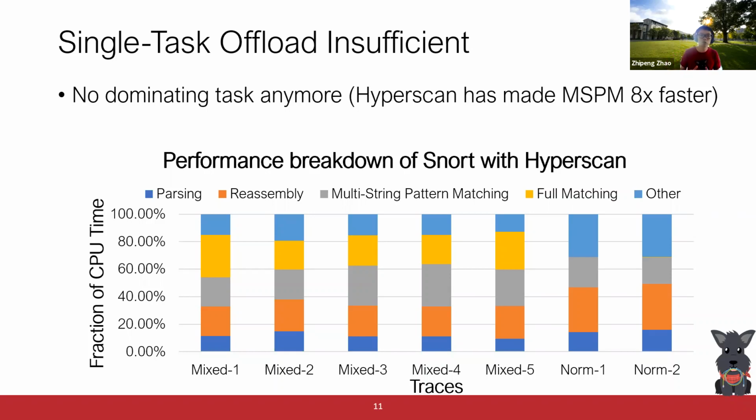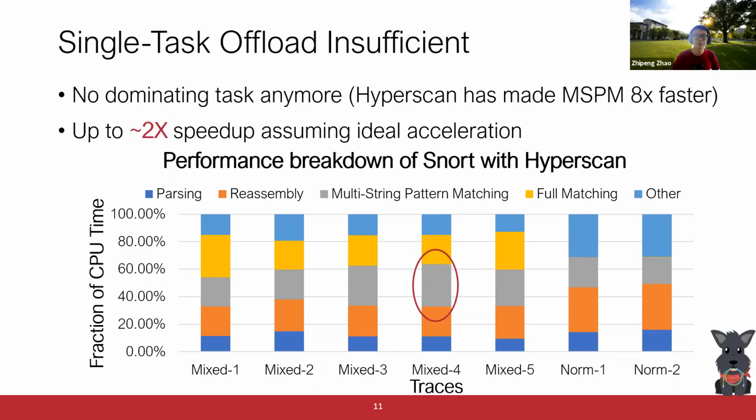In this graph, I'm showing you the performance breakdown by profiling Snort, our software baseline. The x-axis shows the different traces. The y-axis shows the fraction of CPU time spent on each of the tasks. As you can see, there is no single dominating task.